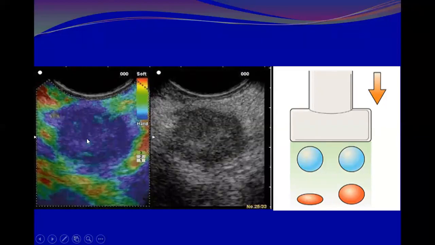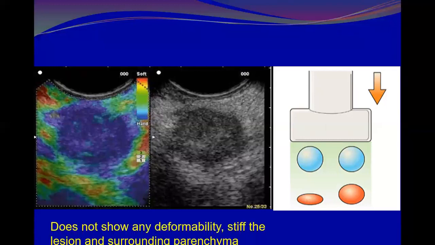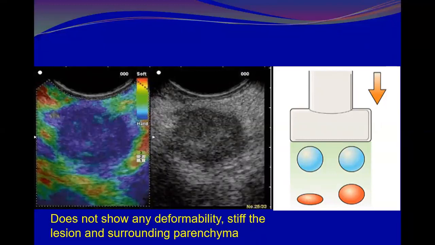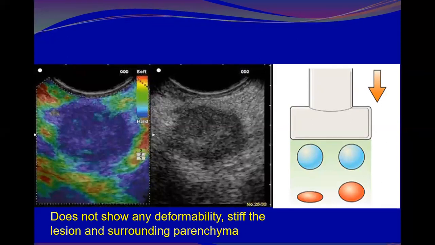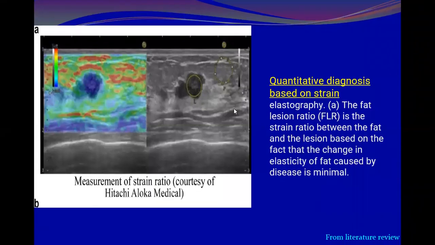So this is the scale for maximum stiffness. It will be grade or scale 5. You see, it does not show any deformability, I mean it is a stiff lesion as well as the surrounding parenchyma. This is the quantitative or semi-quantitative strain ratio.